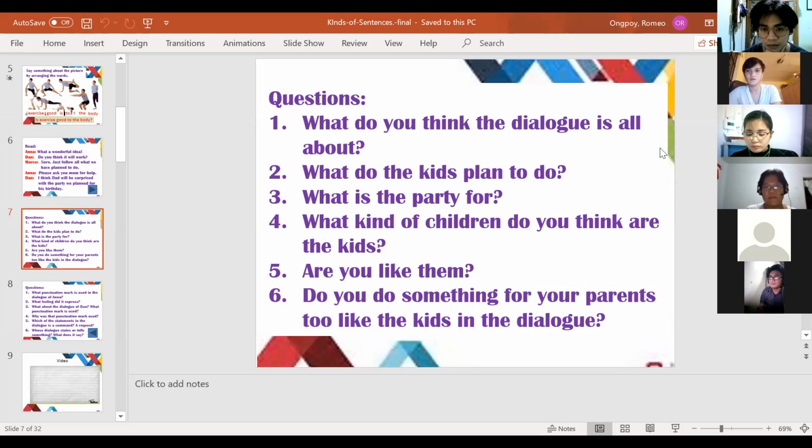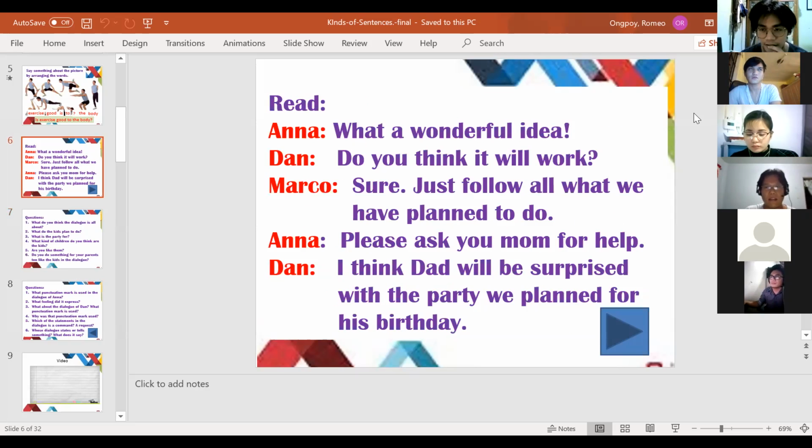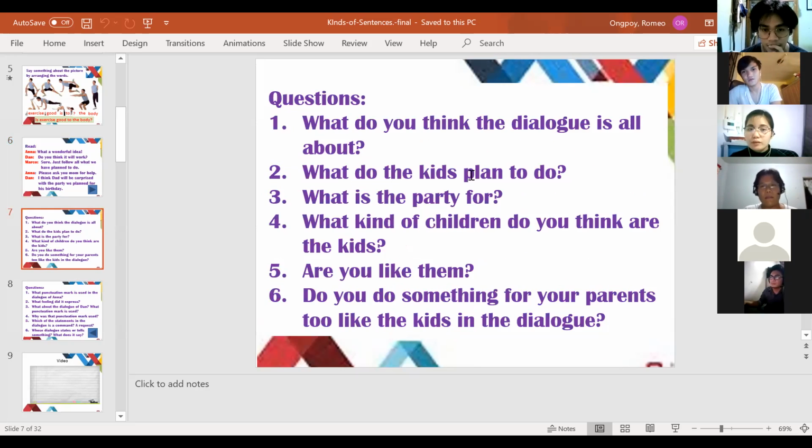Parang gusto nilang maggawa ng dialogue sa dad nila, para mag-isa surprise din nila. Okay, a surprise party for the dad's birthday. Ma'am Laika, how about, what is the party for? For his father's birthday, sir. Surprise birthday party, yes, correct.